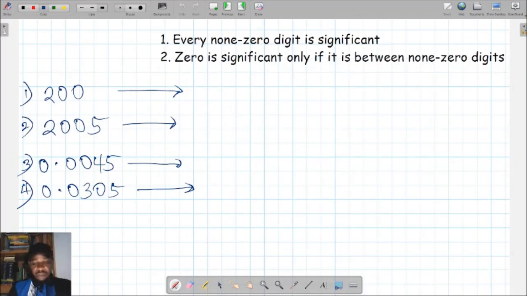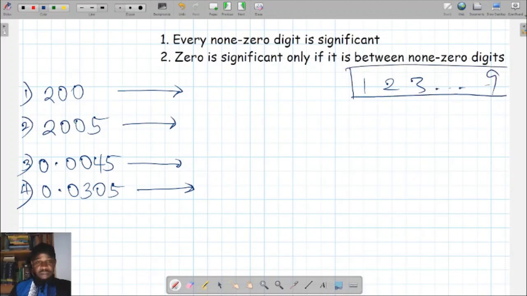To start with, every non-zero digit is significant. That means that numbers like 1, 2, 3, all the way to 9 are all significant digits. 0 itself is not a significant digit by default. However, 0 becomes significant when it is in between significant digits.